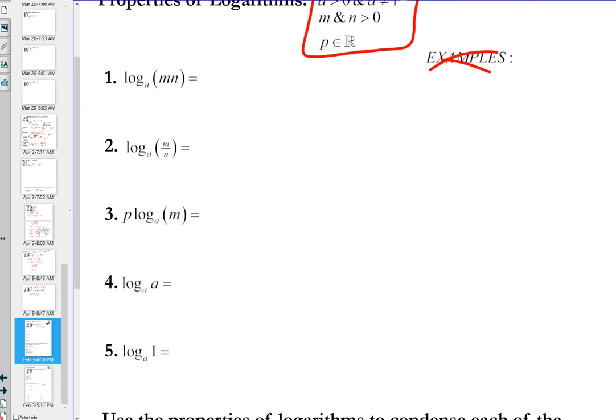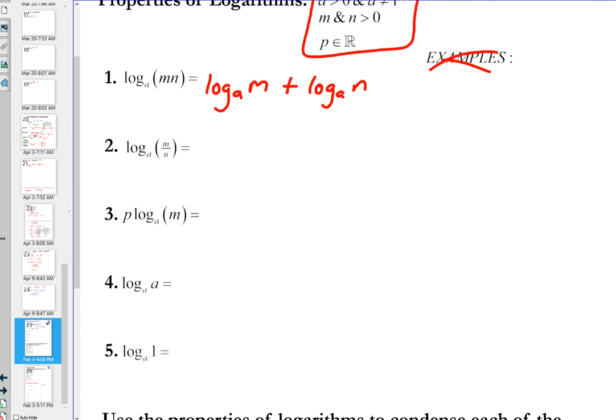All right, so let's see how we did. First two should have been about as easy as possible, just thinking about a combined 15 seconds. If I expand the first one, what should I get? Log base A of M plus log base A of N, because you're using product property.